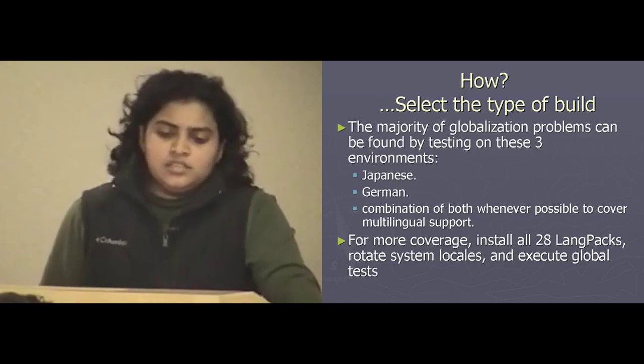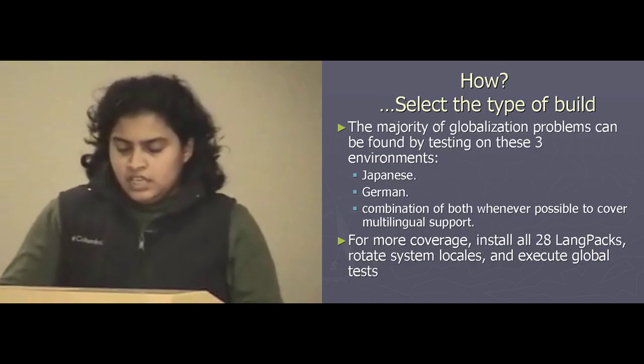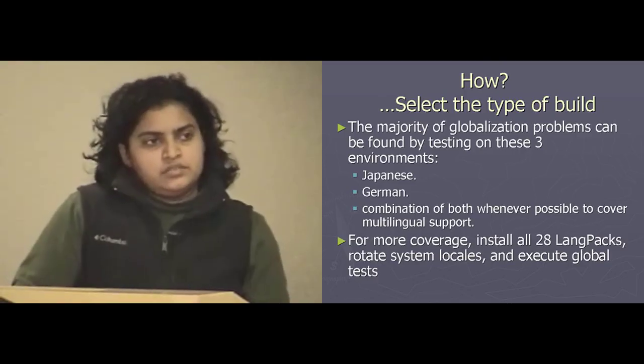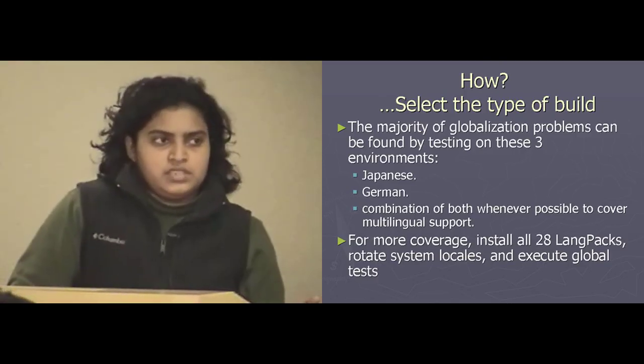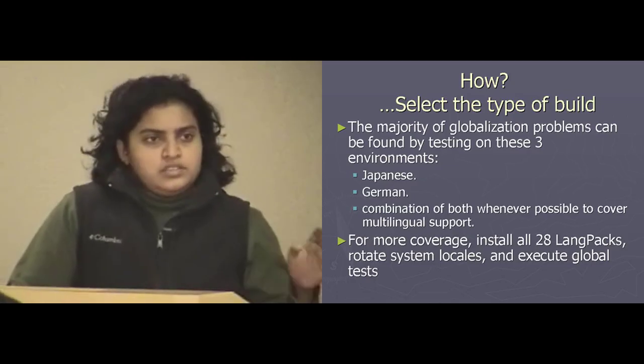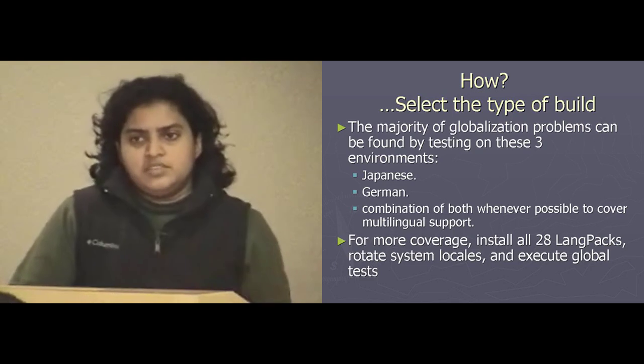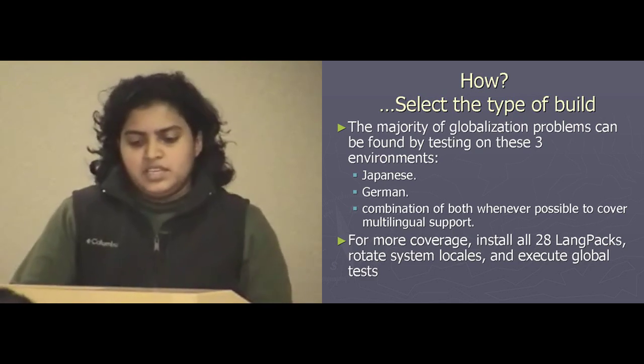And then there is the type of build that you use for globalization testing. If you want complete 100% coverage on globalization, you would basically go through all the 28 different languages that we support, go through all the system locales, and input data in all the different languages and make sure that everything works. But that's not possible, right?